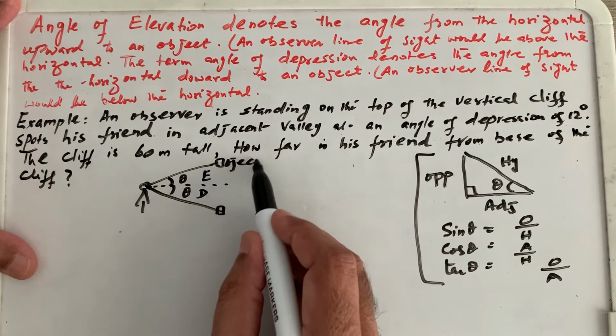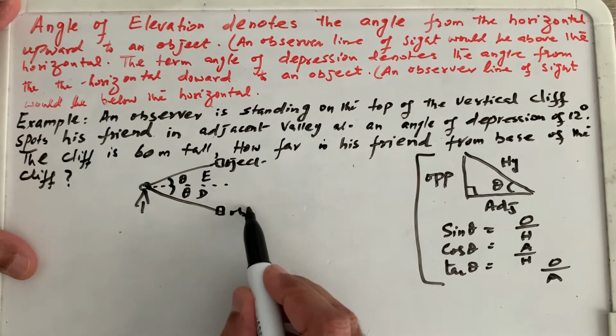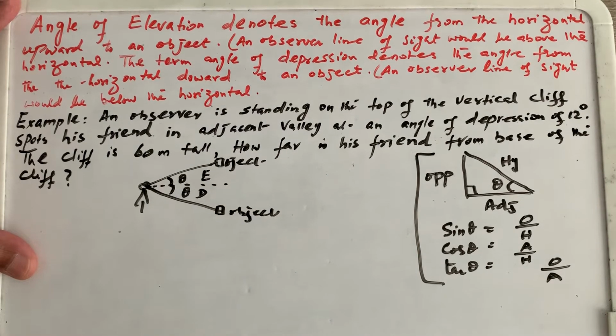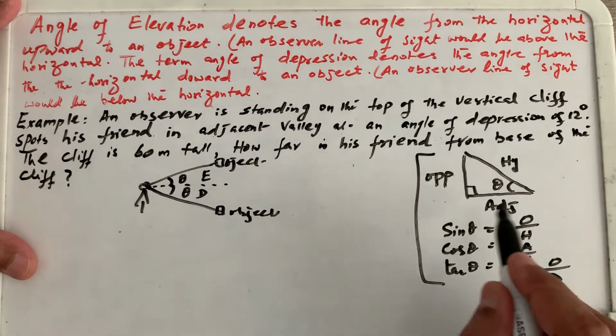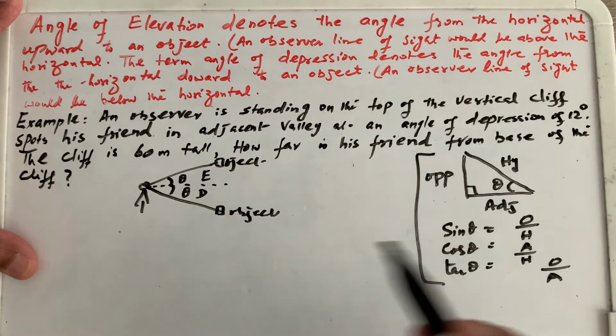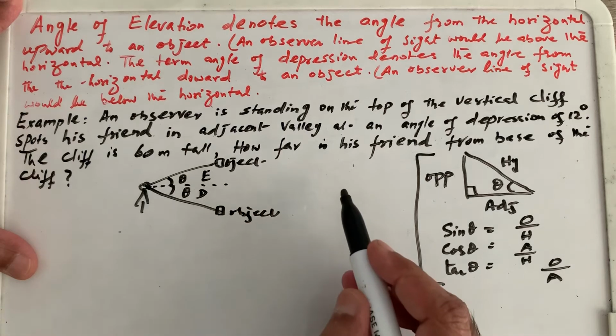This is my object, right? So we have to use this definition to determine the internal angles of a right angle triangle, because here the angles are not given directly, but in terms of angle of elevation and angle of depression. So this can be expressed in many different ways.